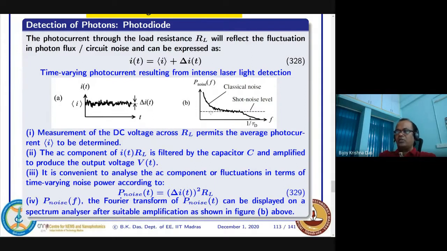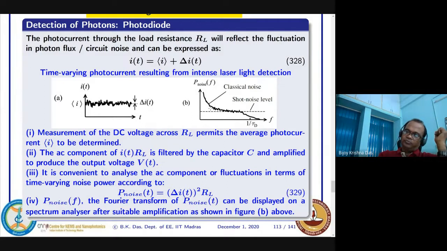And sometimes it is also observed in the detection system, because it is not like simple electron hole pair generation. Sometimes some additional defects, surface states, etc., also contribute some kind of photocurrent, and that photocurrent also will have a very low frequency, photoelectron emission, and that will also be 1 by f.